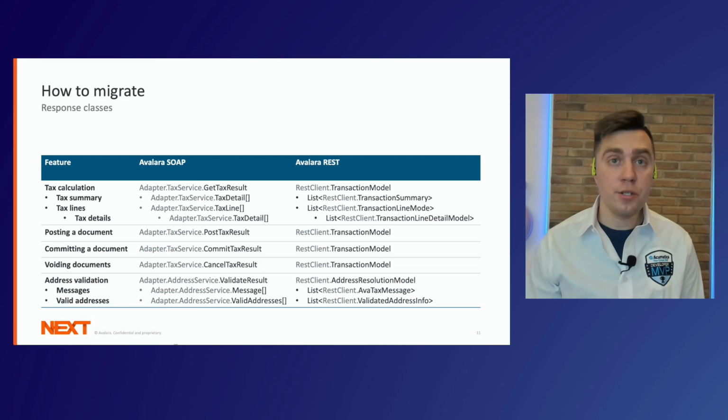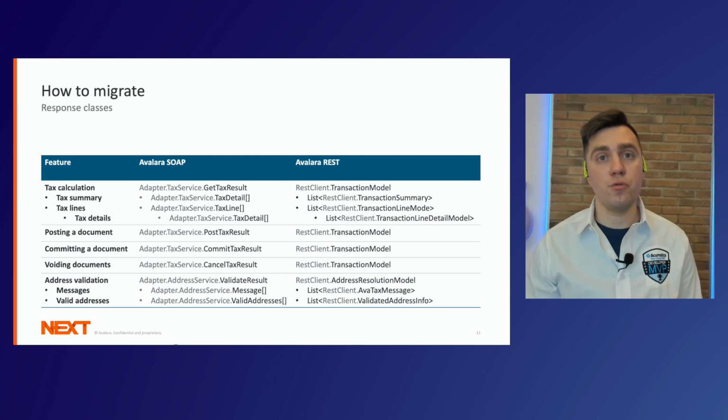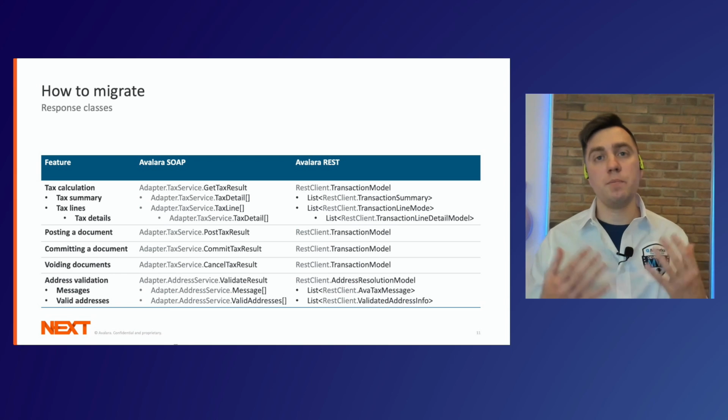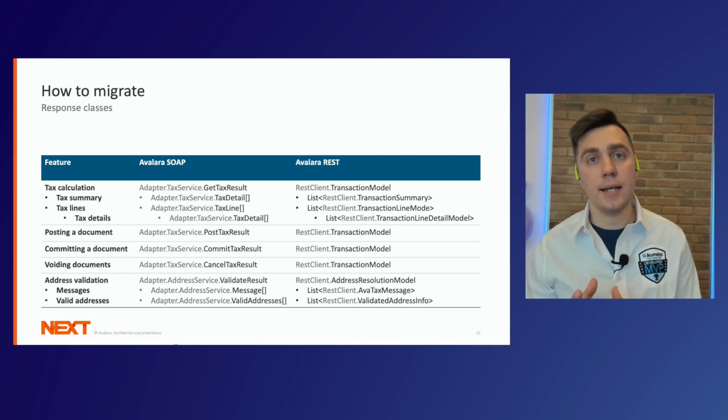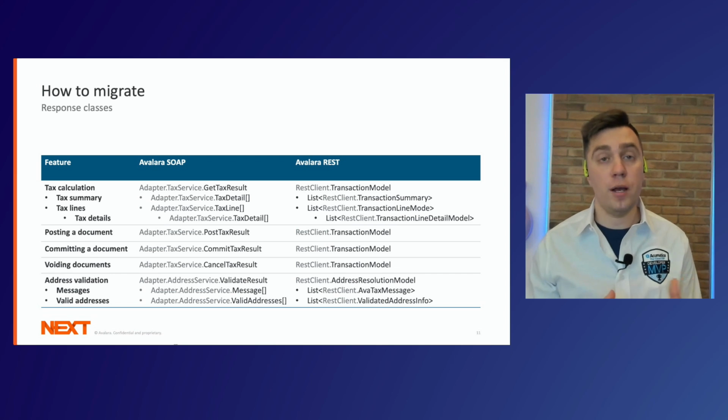The great thing you can see on this slide is that the Avalara team replaced 4 of the subclasses, like GetTaxResult, PostTaxResult, CommitTaxResult, and CancelTaxResult, with a single TransactionModel class in REST, because they were almost the same and there are no good reasons to replicate them. Please note that the tax calculation response includes the header, the tax summary collection, and the tax lines collection, which also includes the tax details collection for each line.